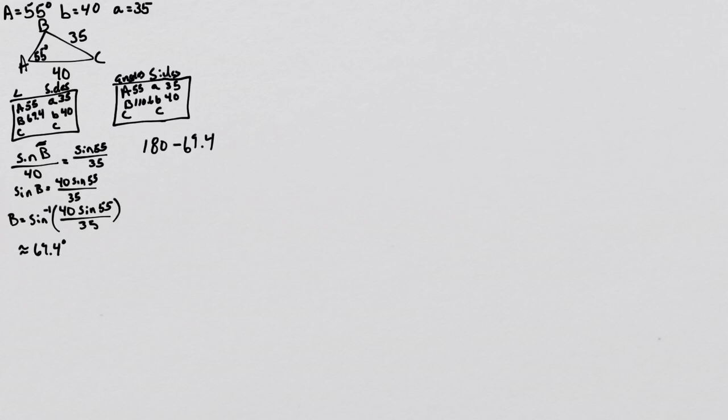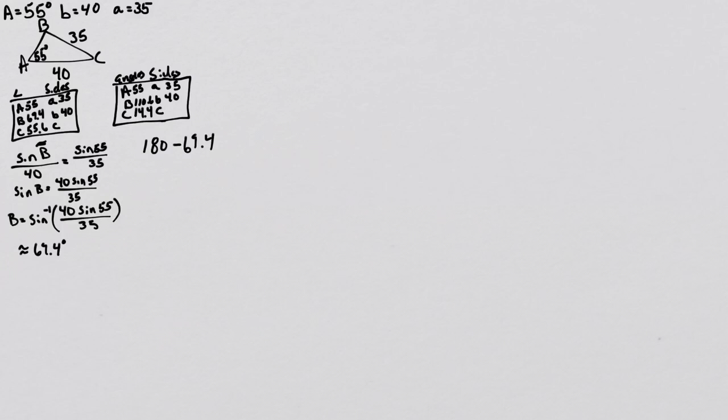So now we have two angles. To find the third angle, it's real easy: we add them up and subtract from 180. In my first triangle, when I add 55 and 69.4 and subtract from 180, I get 55.6. In my other triangle, when I add 55 and 110.6, I get 14.4.